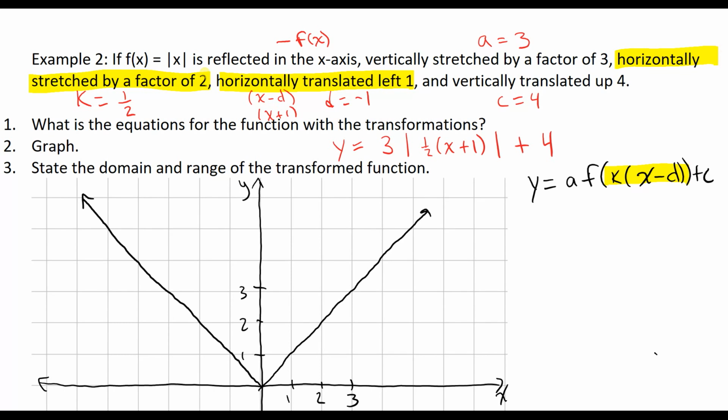It's horizontal, and the vertical translation and the vertical stretch, those are outside because it's happening to the output. The function happens, it does its thing, and then you do more to the output. You times it by a value of a and you add c to it. Does that make sense?